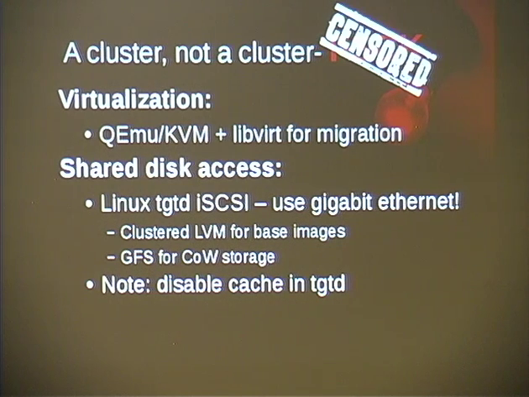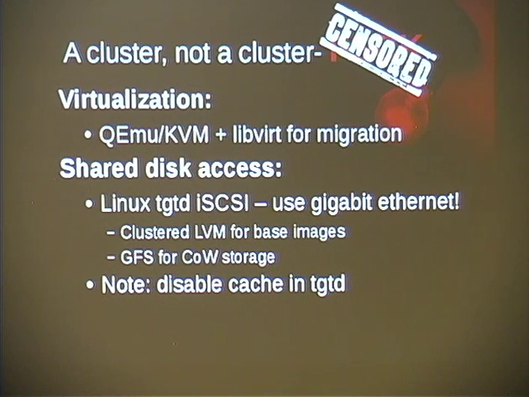If you use the shared disk access stuff, you probably want to use something like the Linux software iSCSI target daemon. You want to make sure you use gigabit Ethernet, because if you're using 100 meg, saving that snapshot to that copy-on-write disk image is going to be slow, and you're going to get impatient. That whole thing of having snapshots saved instantaneously over a shared disk, it's a trade-off. It's not quite as fast, but you get the benefits of being able to shove that VM around to any system that you want.